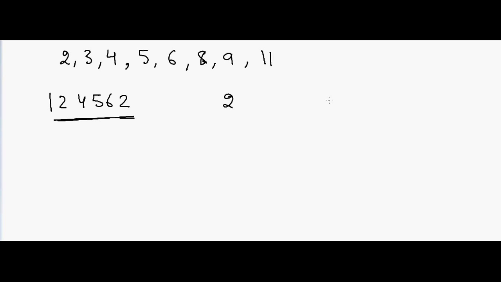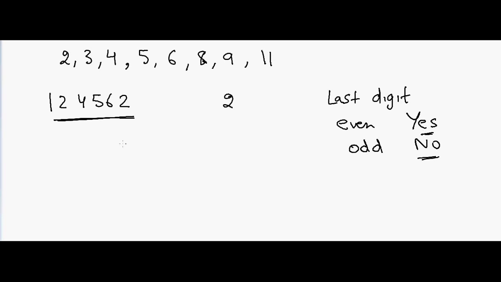We have to look at the last digit, and if it's even, then yes, and if it's odd, then we'll say no. Here the last digit is 2, so it should be divisible by 2 because it's an even number in the end.